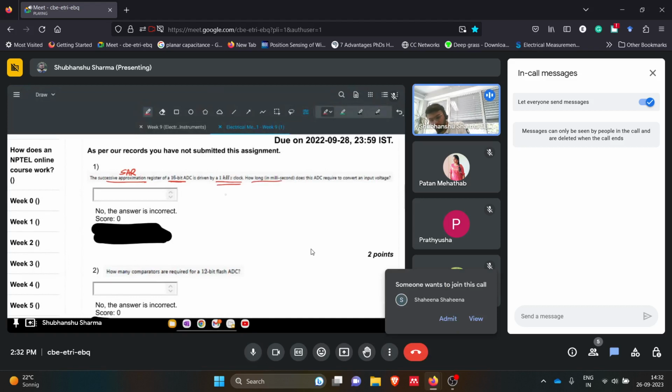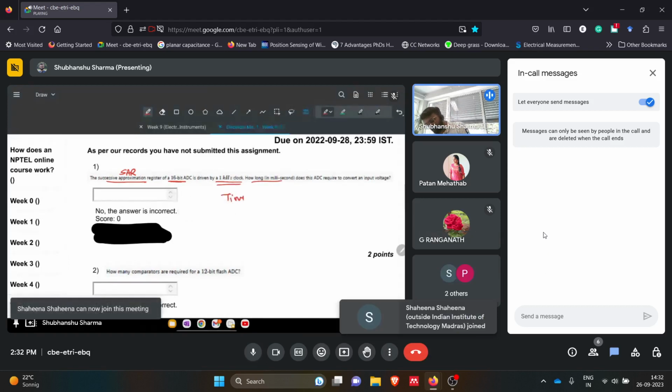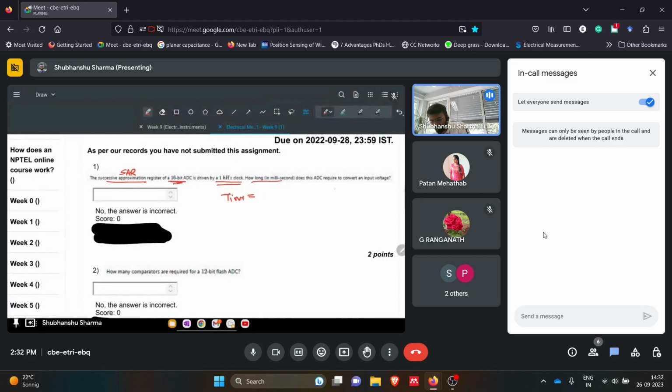The number of bits in the SAR equals the number of clock cycles taken by it, so this SAR has taken 16 clock cycles.